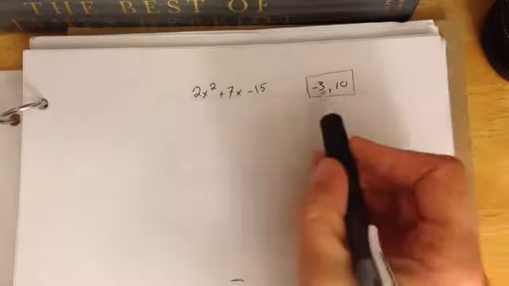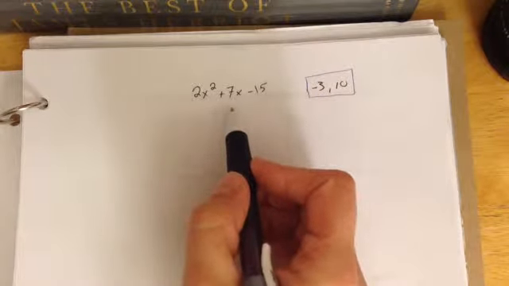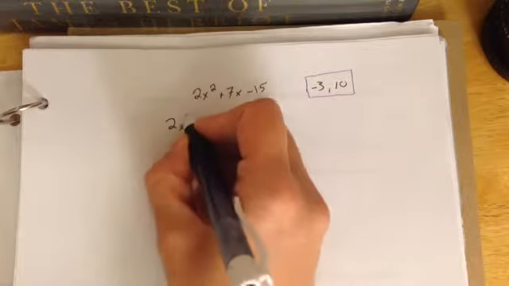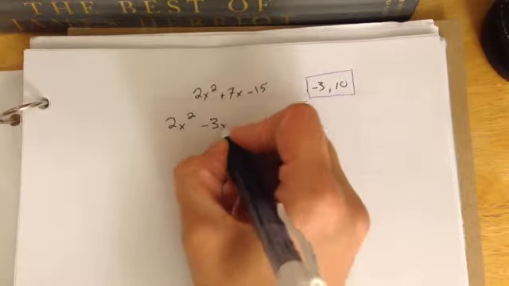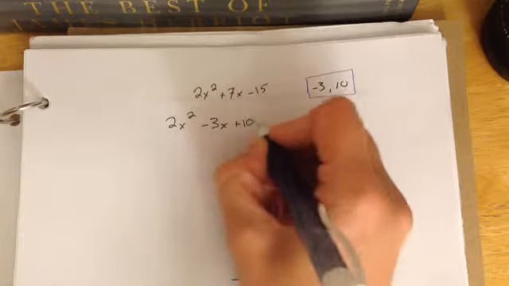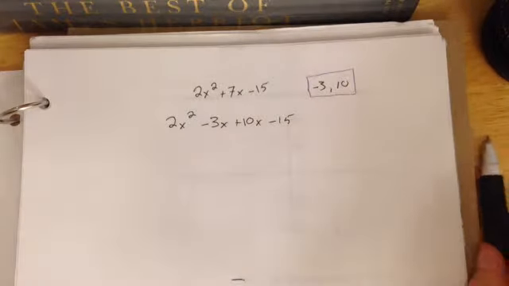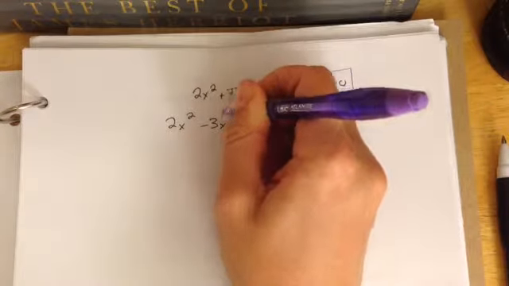What we're going to do is use these 2 numbers to rewrite this middle term as 2 pieces. This is going to become 2x squared minus 3x plus 10x minus 15. Notice that the negative 3x and the 10x add up to 7x.